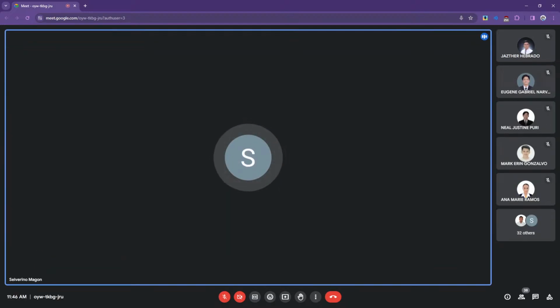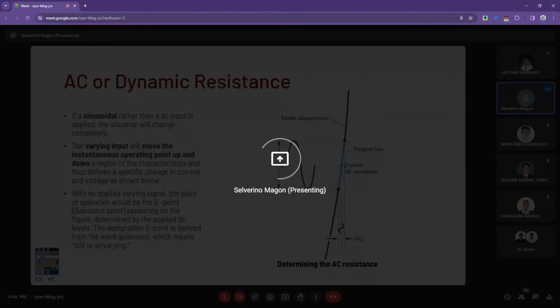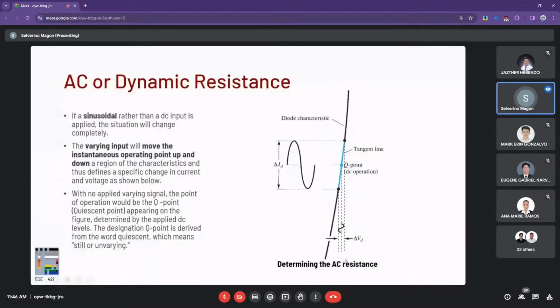So allow me to go back to my slides. If you apply a fluctuating DC input voltage here, then you can exploit the ohmic region of the diode, and you can have a current in AC form as well, resembling the input response.